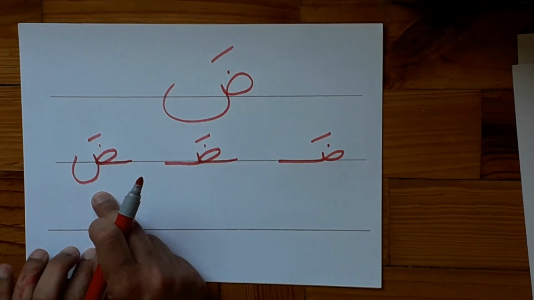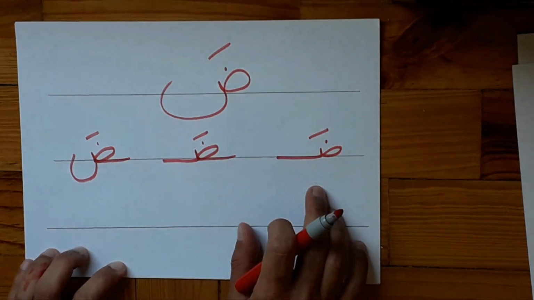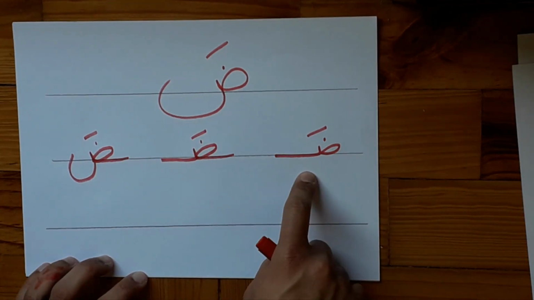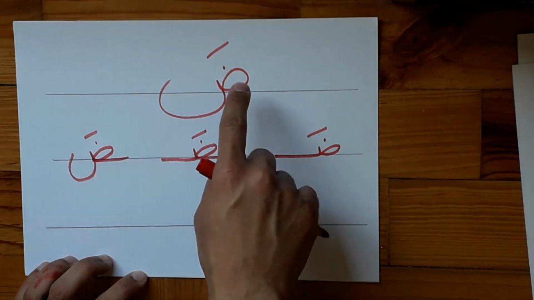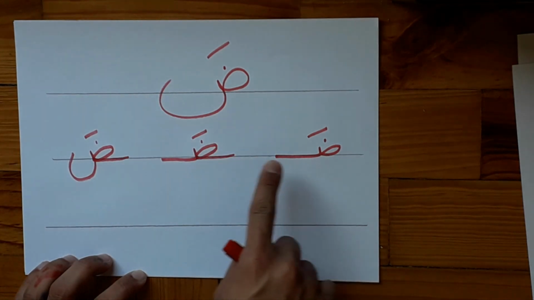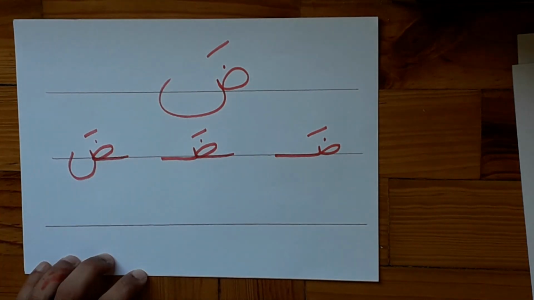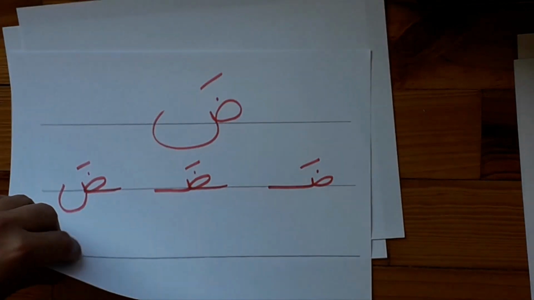It's the same letter but in different forms: in the beginning of the word, in the middle of the word, in the end of the word. Sometimes in the end of the word it looks like this too. Ba, ba, ba.